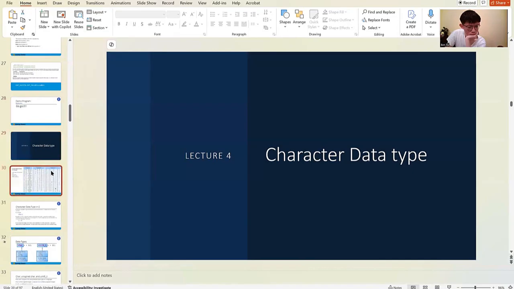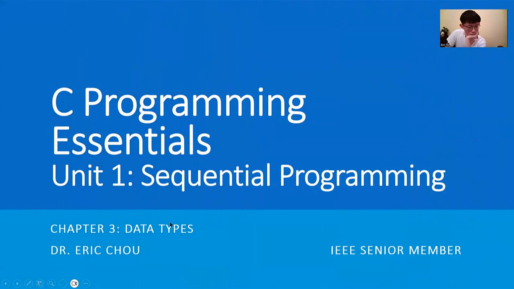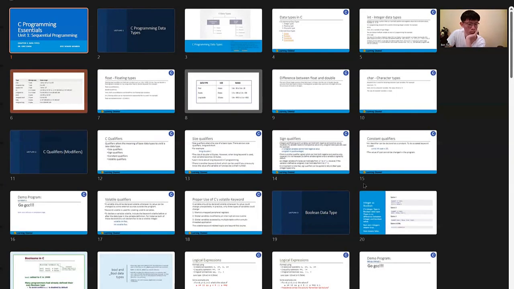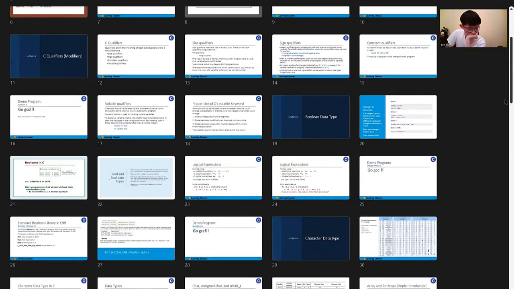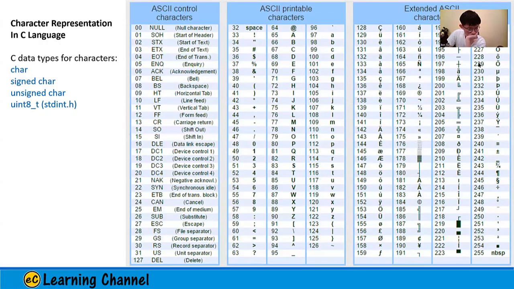Next one, let's look at the character type. Character type is based on the ASCII code for storing your text. This one, I think we talked about it before, so I don't waste our time.